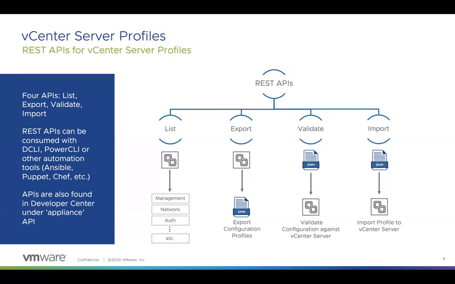So another important capability which we have introduced is vCenter Server Profiles. What does this mean actually? Many of our customers have asked, hey, I have so many vCenters. I just want to ensure that all my vCenters configuration is consistent. Let's say, for example, you have VC1 or VC2.